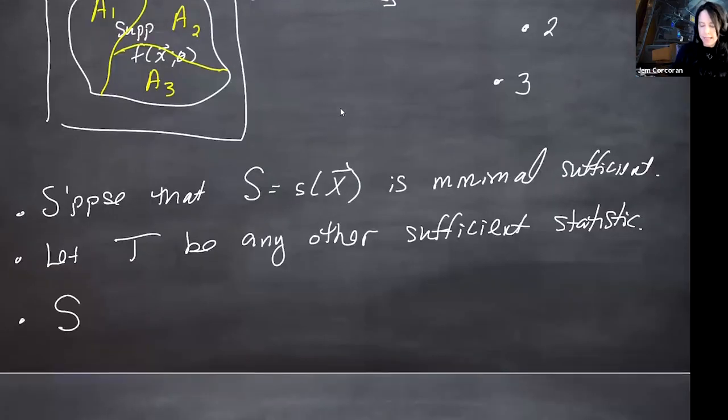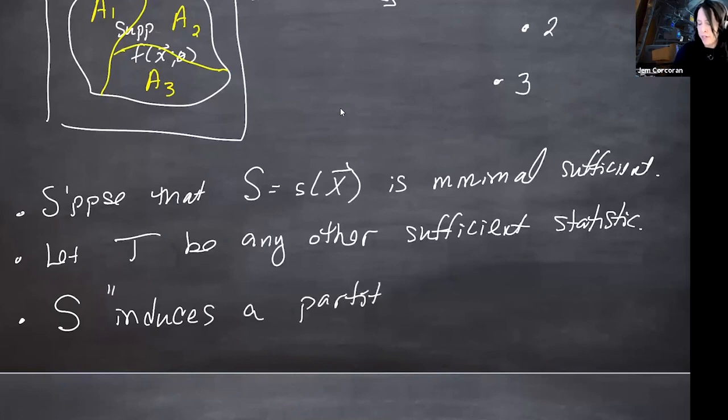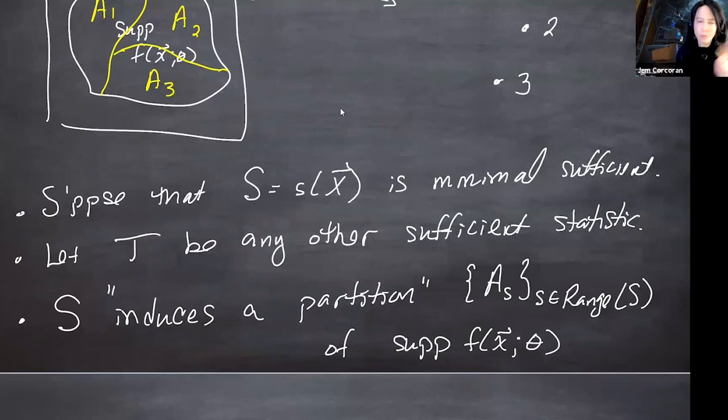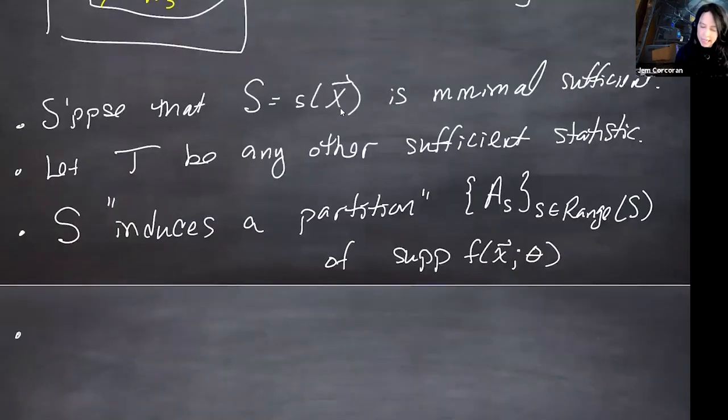So the statistic S induces a partition, the one we just saw, a partition of sets A_s for all s in the range of S. It induces a partition of the support of f of, I'm going to write the vector to be more clear because f is sometimes the single PDF. And T will induce its own partition.